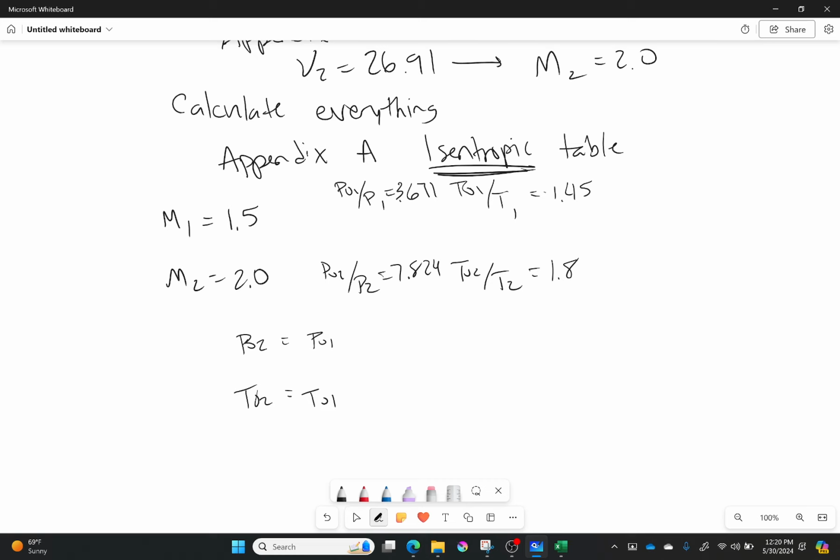And what is P01 and T01 equal to? Well, they're equal to P1 times P01 over P1, and that's equal to T1 times T01 over T1. So, not bad. I think we can solve this. Hopefully we can. I'm just believing.